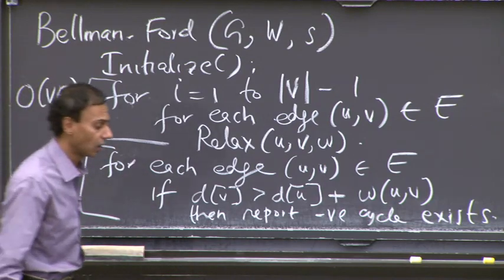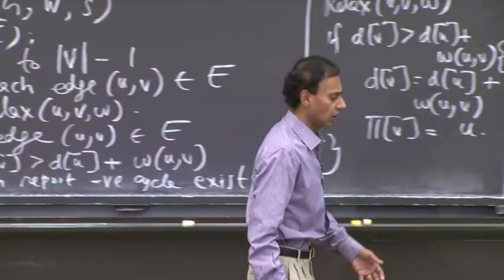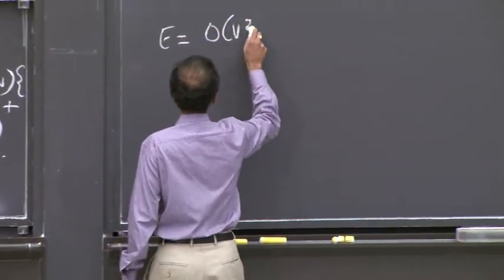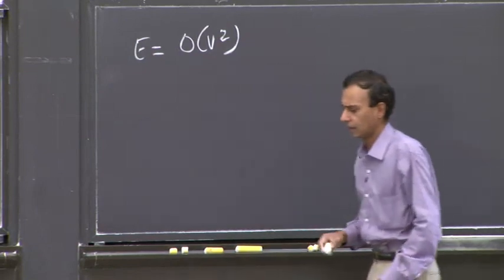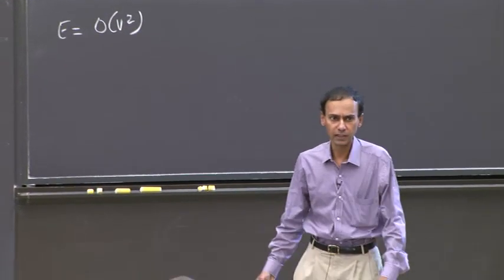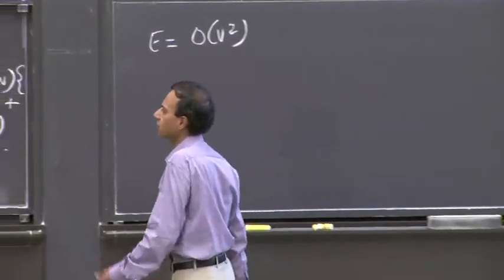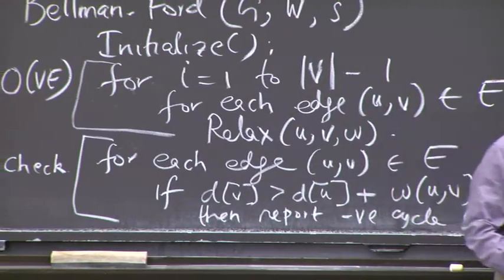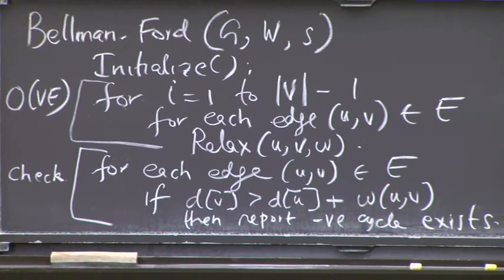And this could be large. As I said before, in I think the first lecture, E is order V squared in a simple graph, and so we might end up with a V cubed complexity if you run Bellman-Ford. So there's no question that Bellman-Ford is, from a practical standpoint, substantially slower than Dijkstra.